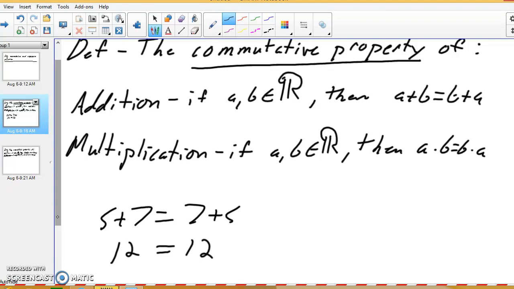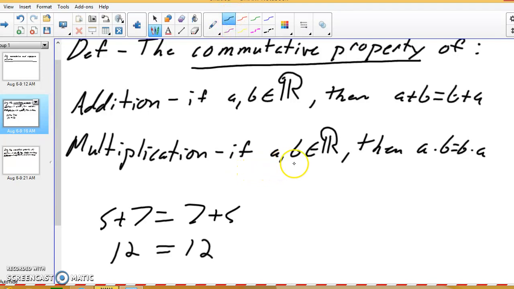So all this is really saying is that if A and B are real numbers, then A plus B is equal to B plus A. Nothing too complicated there. This same exact concept works with multiplication.